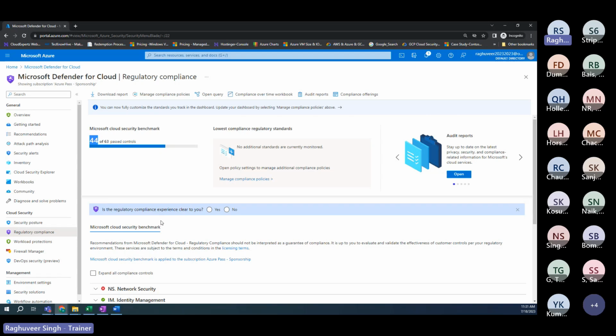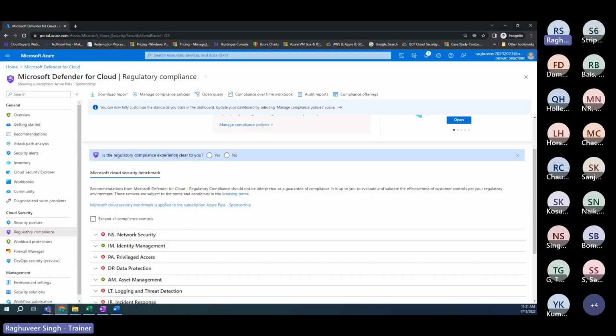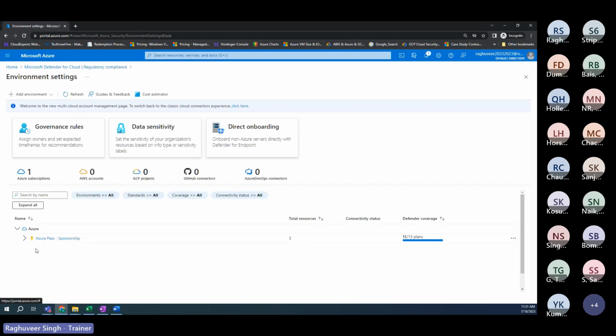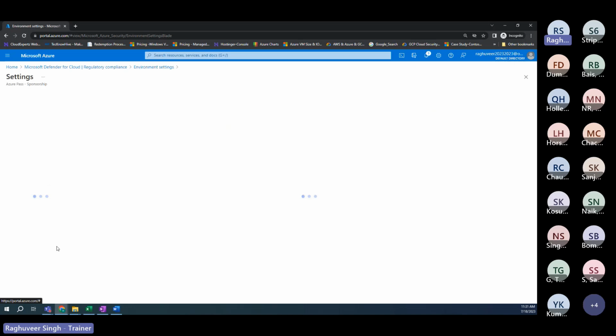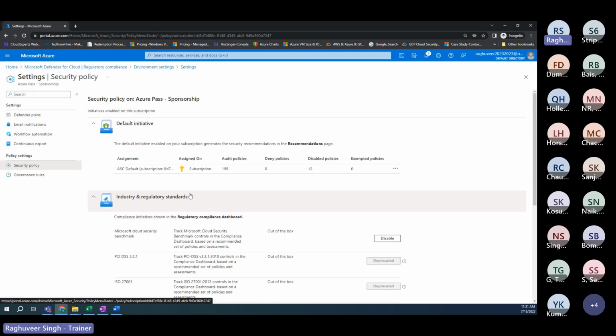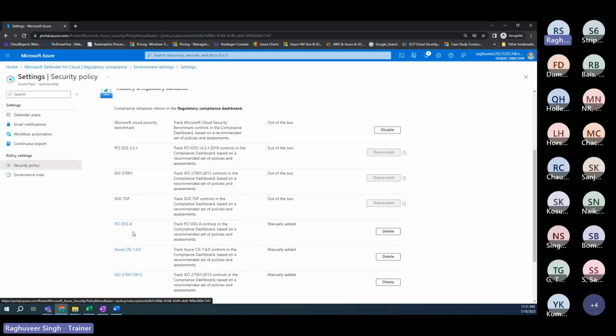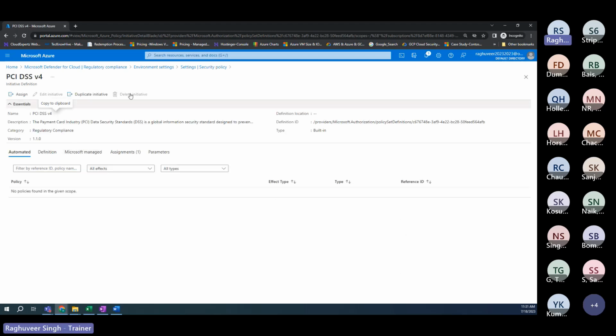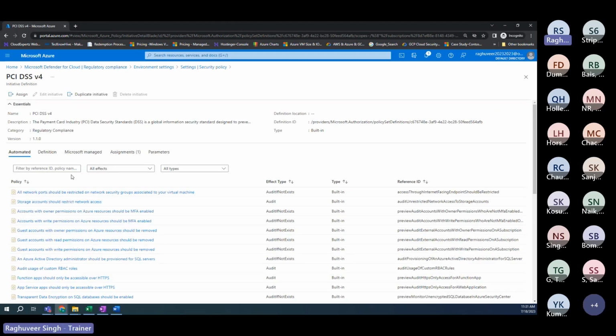Now, if you want to see the other compliance standards that we have enabled, we will click on Manage Compliance Policies. And here you will click on the subscription. Then you will see the current compliance status for other controls also. So here you see the status for PCI DSS 4, and these are the controls in the PCI DSS 4.